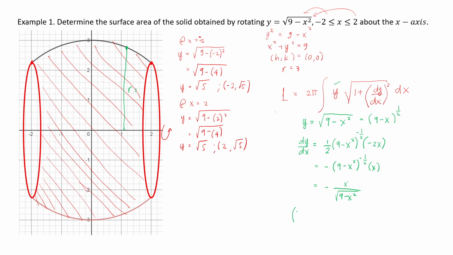So getting the square, dy over dx squared. So negative 1 is positive 1. So x squared, that would give us x squared all over. So the square of the square root of 9 minus x squared, that is just 9 minus x squared.